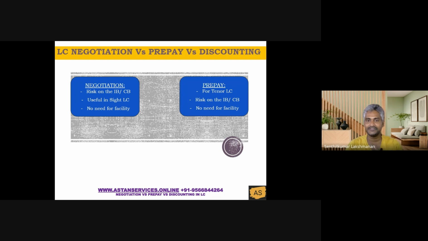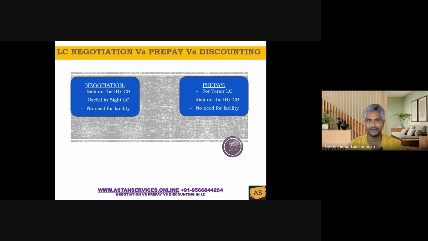Now, after receiving this acceptance message, the nominated bank will choose that, okay, we are ready to prepay it. The beneficiary will ideally ask, see, you have the acceptance from the issuing bank and you have also found the documents clean, then why don't you prepay?